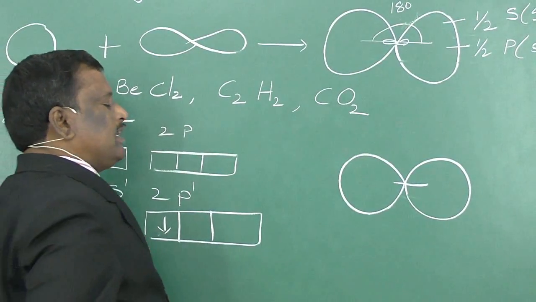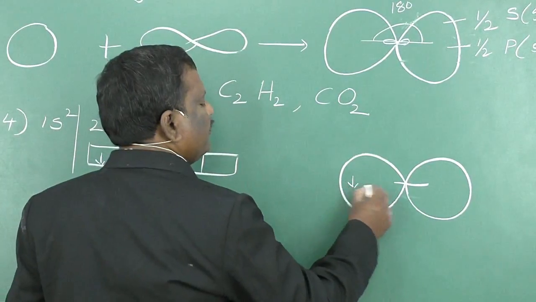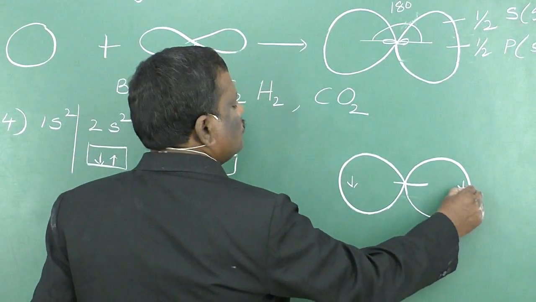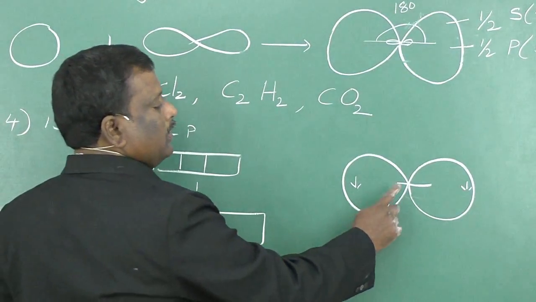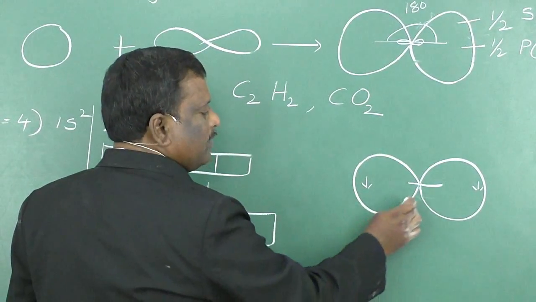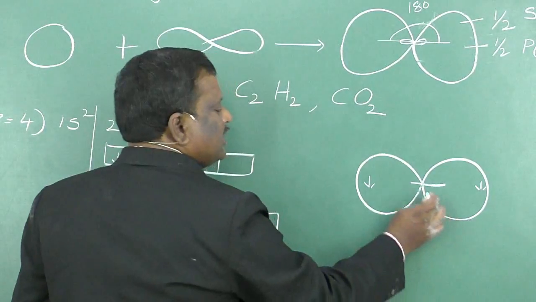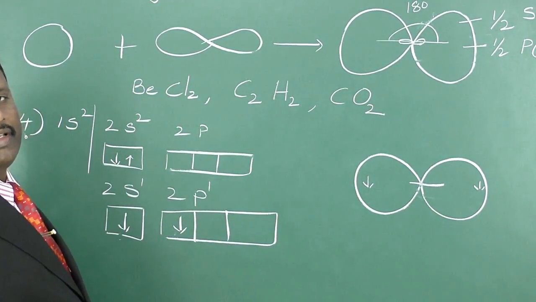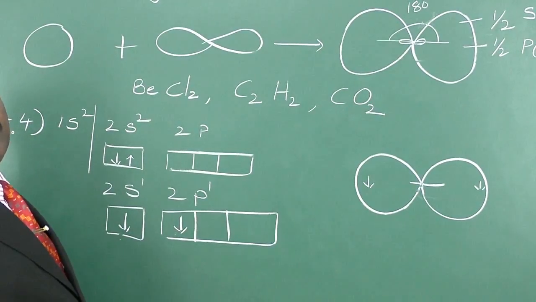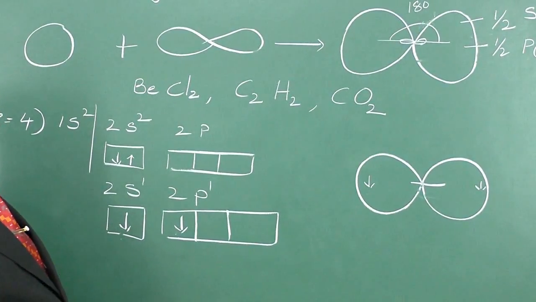The 2 valence electrons present in beryllium will occupy these 2 hybrid orbitals. This is not a p orbital. Remember, this is one Sp hybrid orbital and this is another Sp hybrid orbital. Both are in linear arrangement, and each orbital is half filled with 1 electron each.